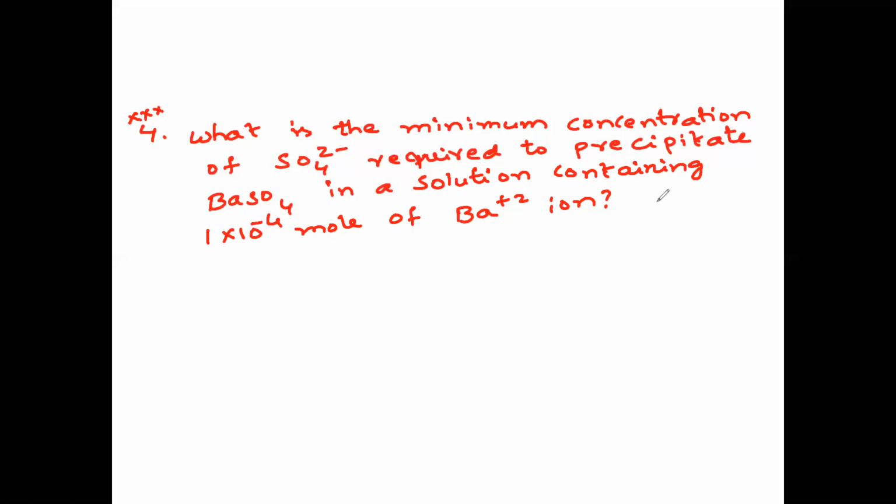Given Ksp of barium sulfate is equal to 4 into 10 to the power of minus 10.